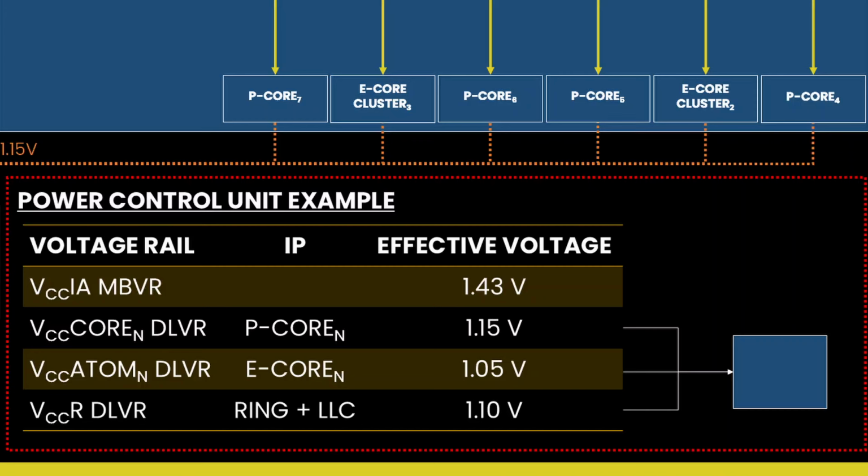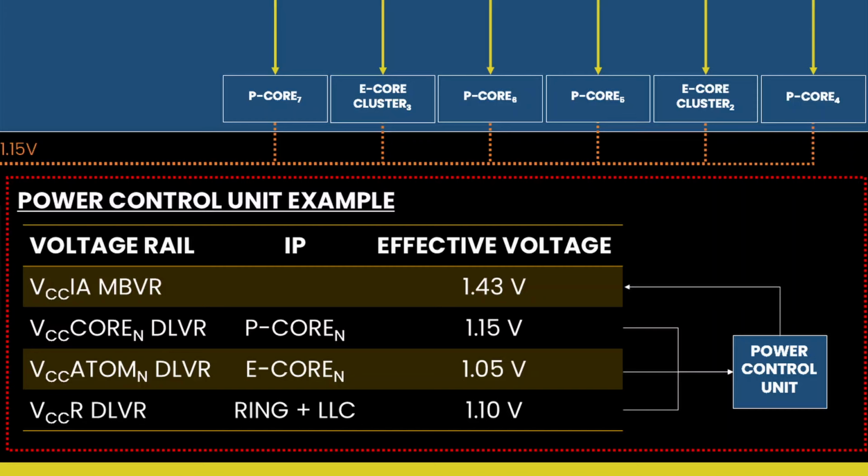The P-core, E-core, and ring request a voltage to the PCU to ensure it's running 1.15, 1.05, and 1.1 volt respectively. The PCU then adds compensation for the load lines, CEP, TVB, AVX, ACLL, DLVR efficiency losses, and so on.